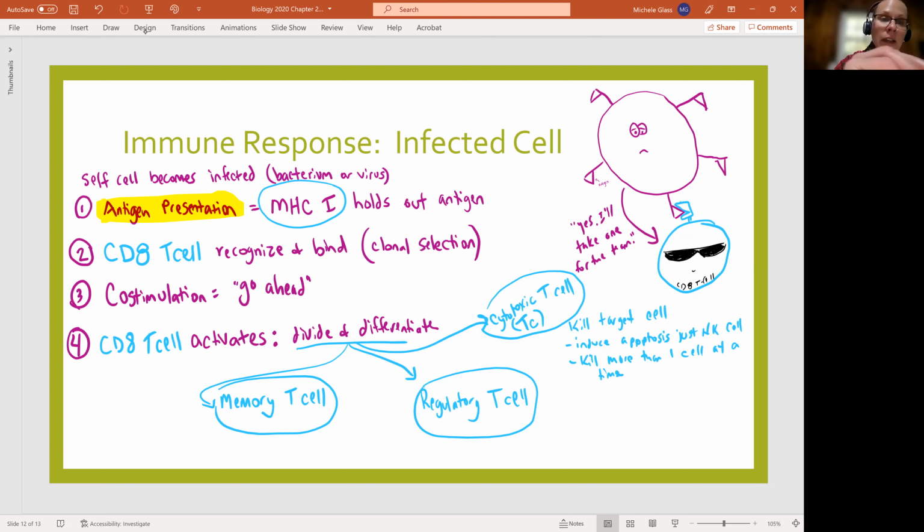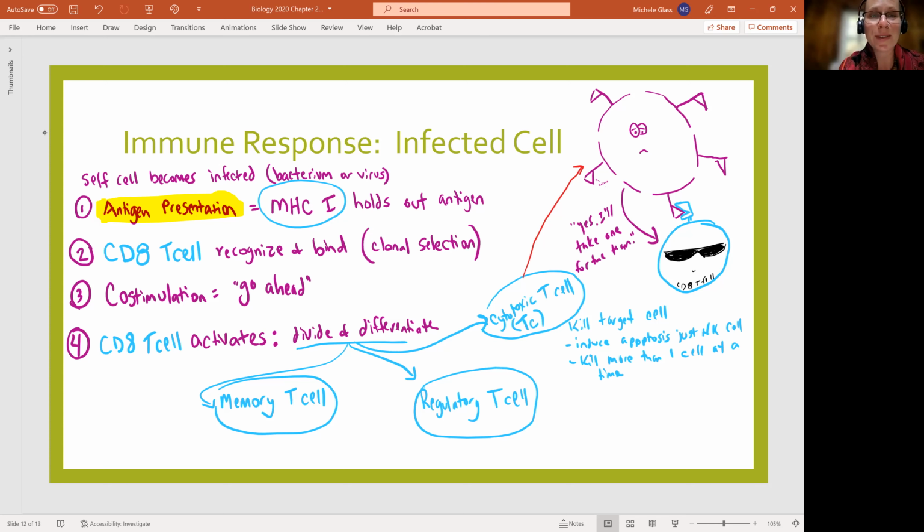The cytotoxic T cell is actually going to be the cell that then is poking holes in the membrane, right? So let's poke some holes in there. And just like, if you have a bunch of holes in your body and your insides leak out, that's bad.